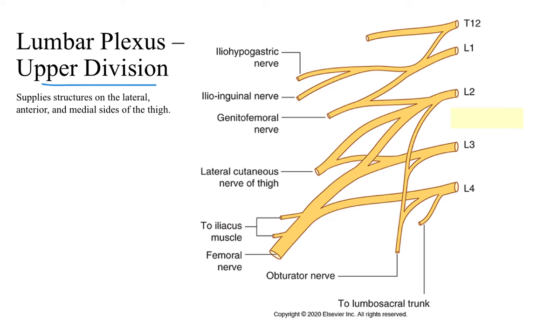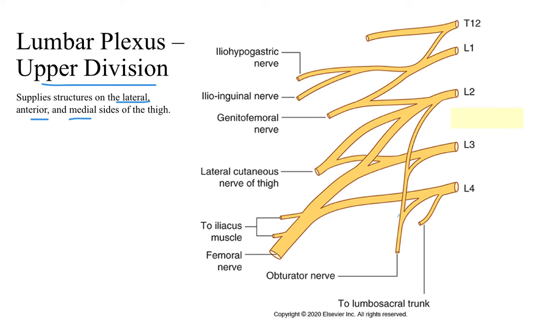And where this sits is, and here's the plexus part where nerves are sorting and recombining, it sits against the posterior wall of the abdomen, kind of within the psoas major muscle, which also receives innervation from this plexus. And as it says here, the lumbar plexus specifically will supply structures on the lateral, anterior, and medial sides of the thighs, not the posterior.